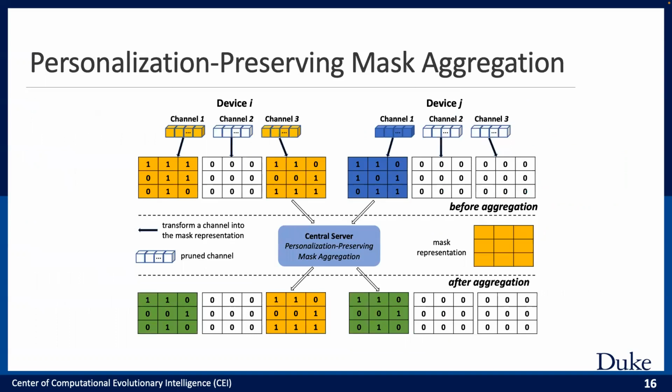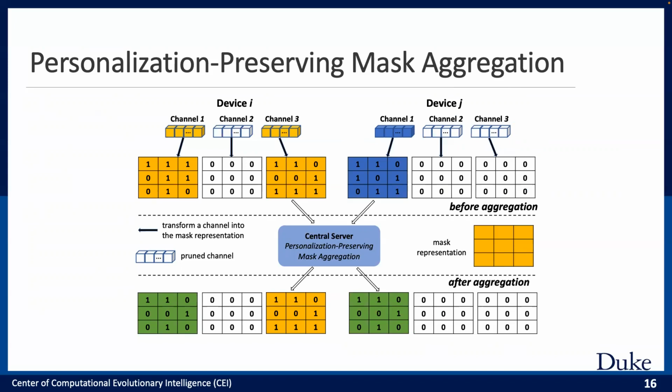So the idea is, if we have this mask, and all the masks have been pruned for one channel, we don't really do anything. We just preserve the original mask, which is non-zero, and pass it to the client. If copies from different devices corresponding to the same channel exist, like the yellow and the blue, then we do an OR on this binary result and generate the green one here.